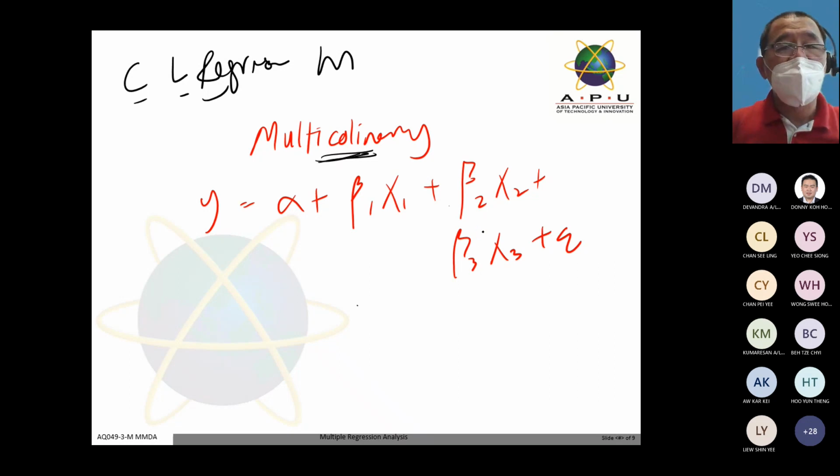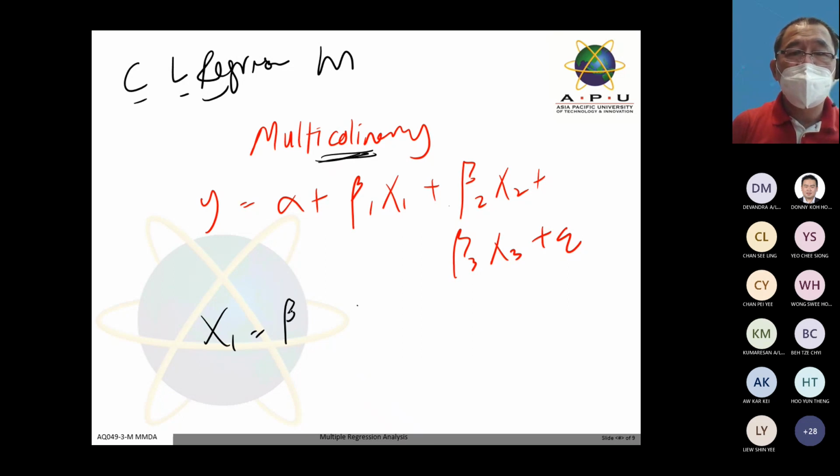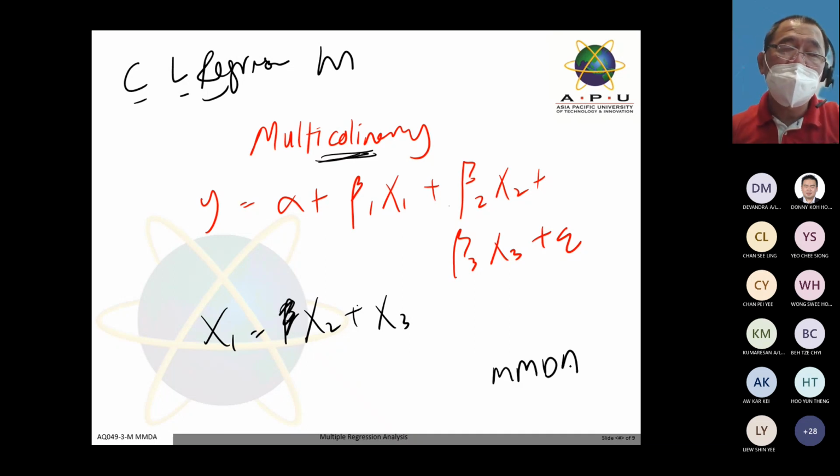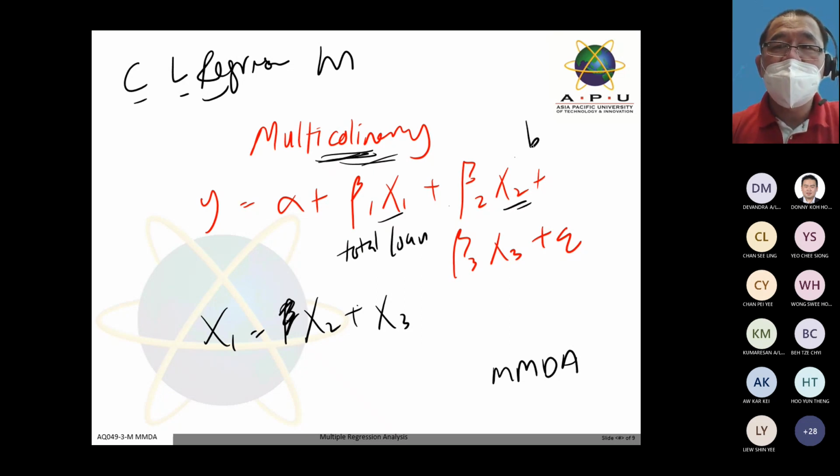For example, x1 equals x2 plus x3. I taught this in another module. A student had three independent variables: x1 is the total loan, x2 is the business loan, x3 is the personal loan.